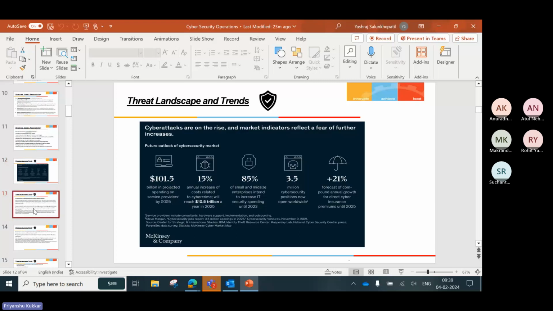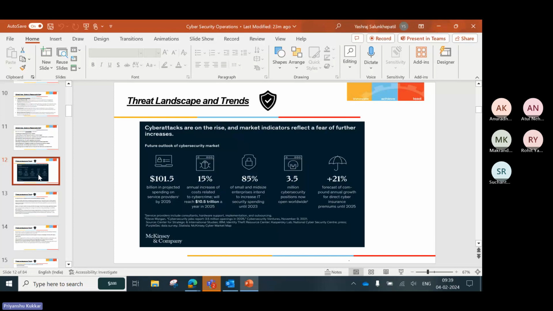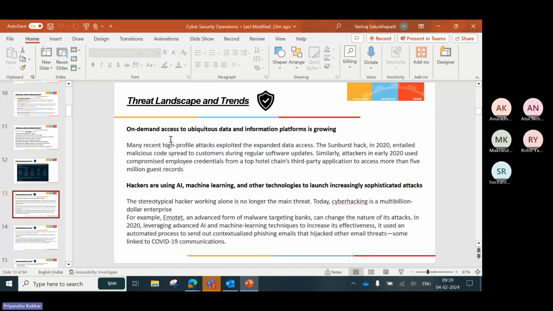Okay, so there are overall 3 points or overviews that are related to this landscape. One is that on-demand access to ubiquitous data and information platforms is growing. Like I said before, many companies are gathering a lot of data, right? From your financial transactions to social media views and your electricity consumption.